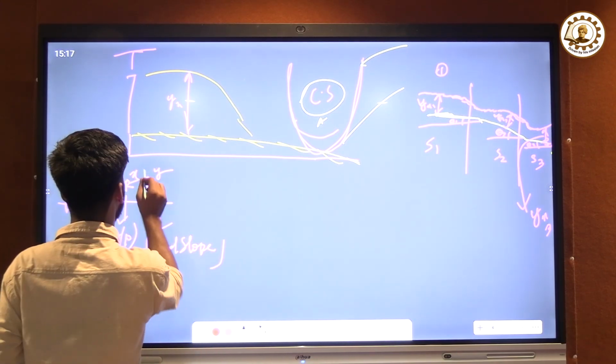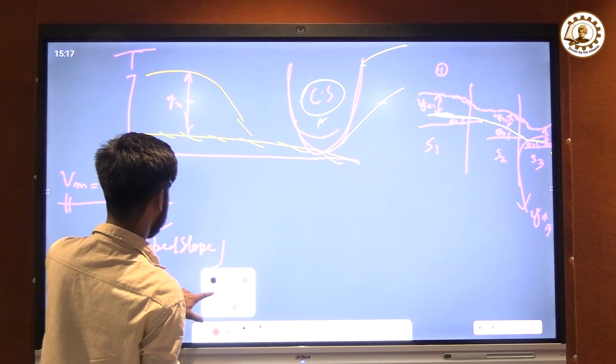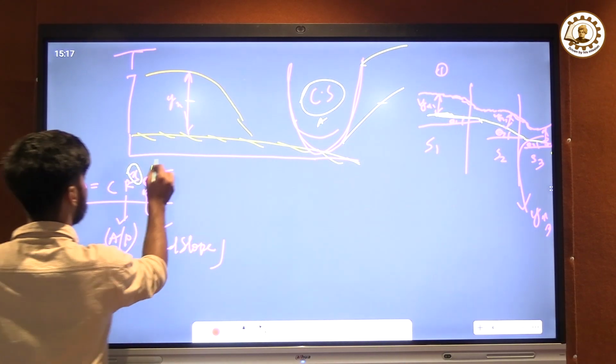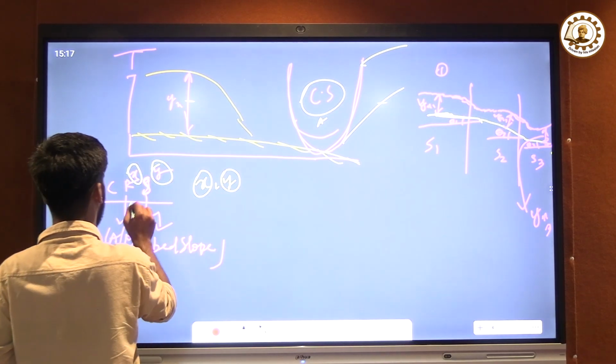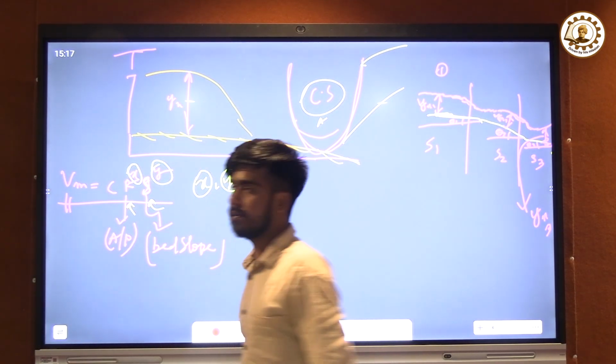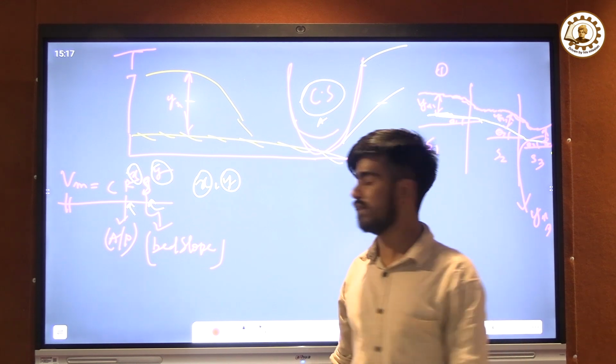Now what they did, they put some exponents x and y on R and S to have this thing parameterized or validated.